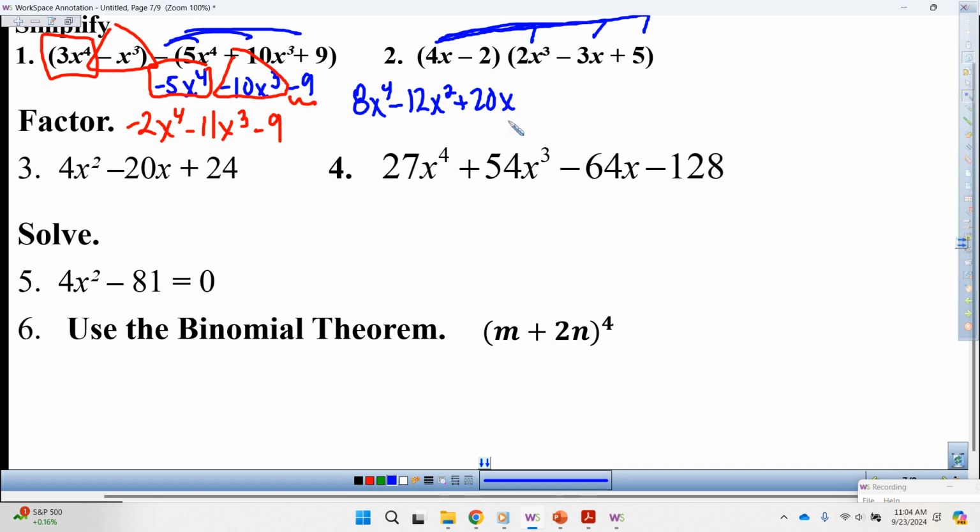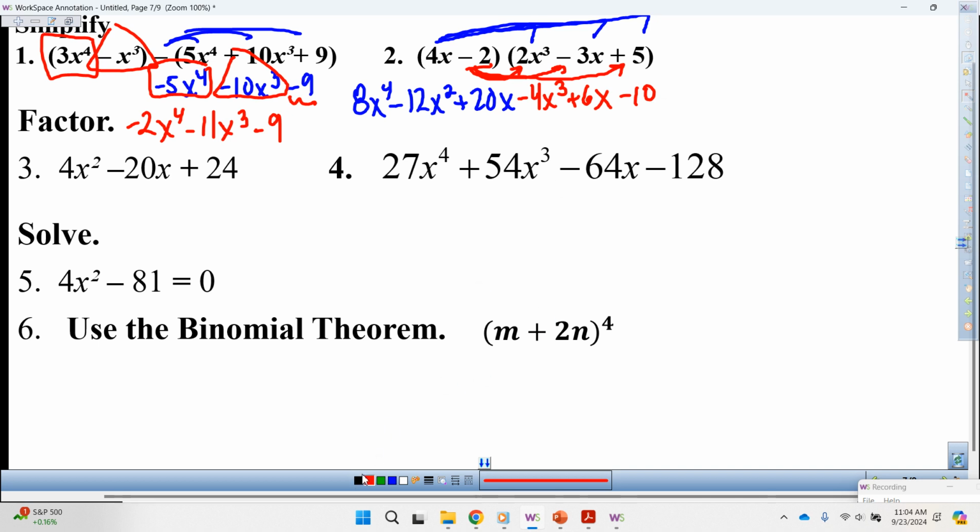So far, so good? Yes? All right. Let's go to the second term. Negative 2 times 2x cubed, that's negative 4x cubed. Negative 2 times negative 3x, that's positive 6x. Negative 2 times 5, that's negative 10.